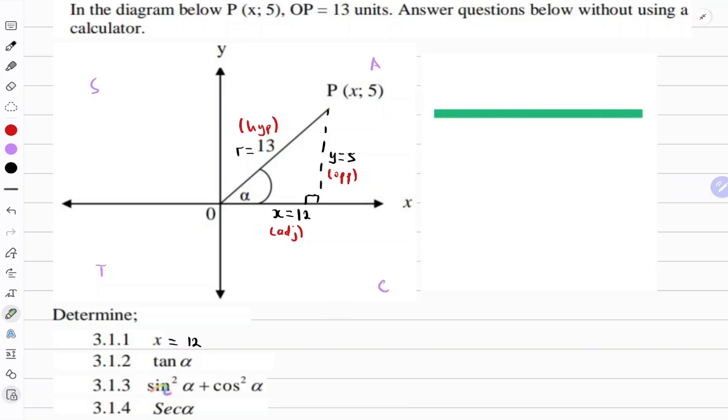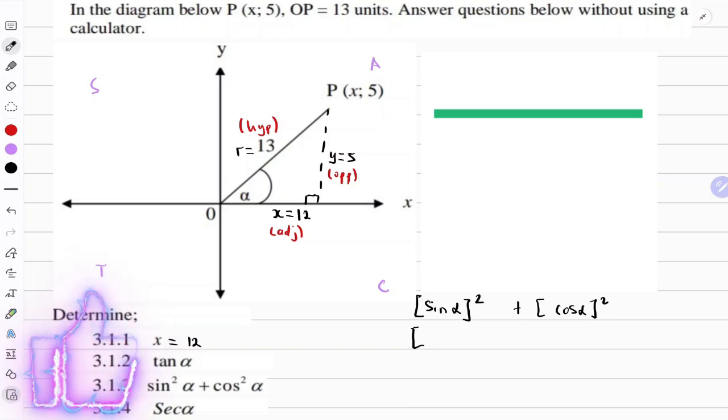The next question wants us to find sine squared alpha plus cos squared alpha. So sine squared alpha can be written as sine alpha to the whole squared, plus cos alpha to the whole squared.